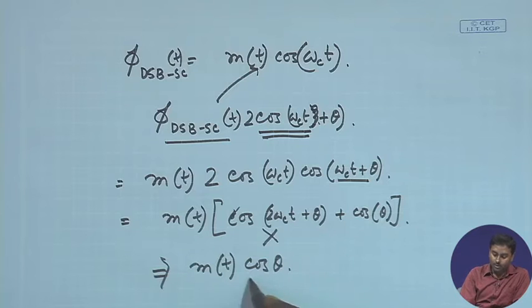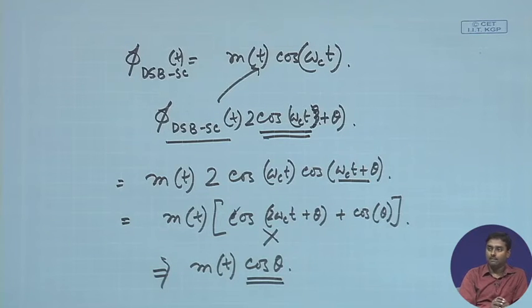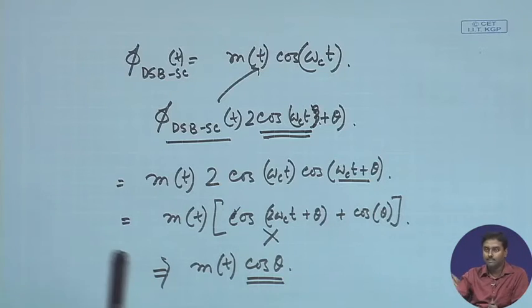Okay. So, whatever offset we have, this is not a time varying term as you can see. So, basically if there is a phase offset, I get almost m(t) multiplied by a constant term. So, the message signal will have similar undulation in time. Okay.